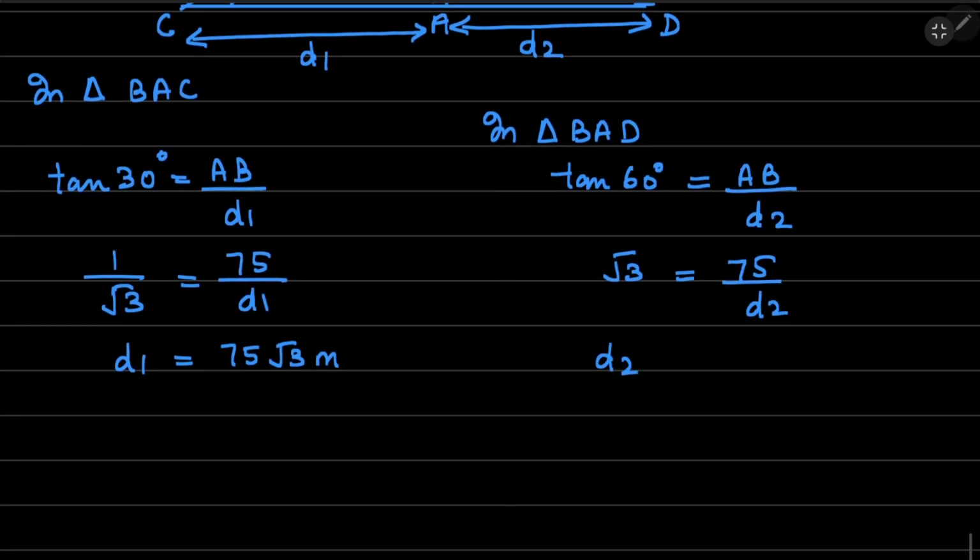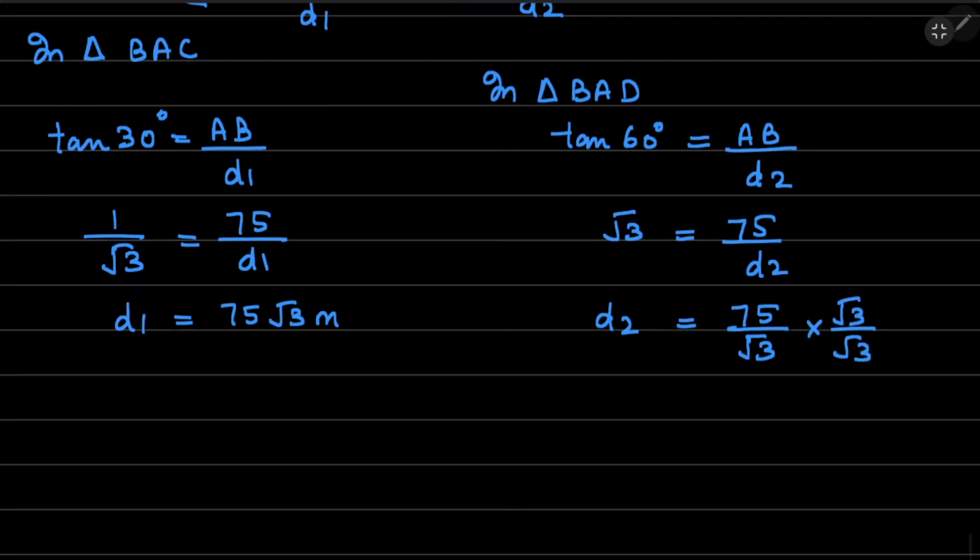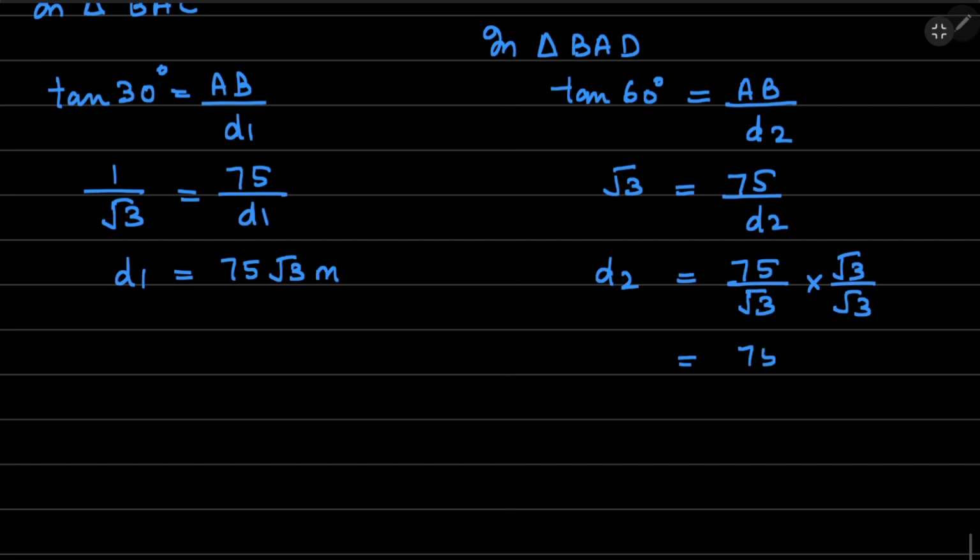So distance D2 is equal to 75 divided by root 3. Multiply numerator and denominator by root 3. So what do you get? 75 root 3 by 3. Here you can cancel it out, 3 2s are 6, 3 5s are 15. So you'll get D2 distance is nothing but 25 root 3 meters.